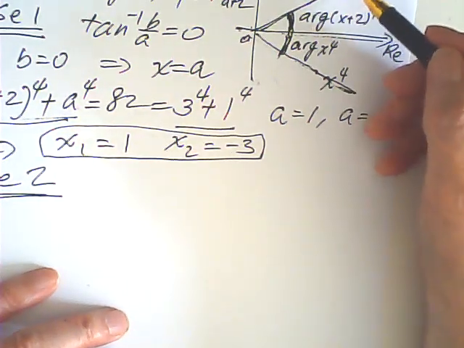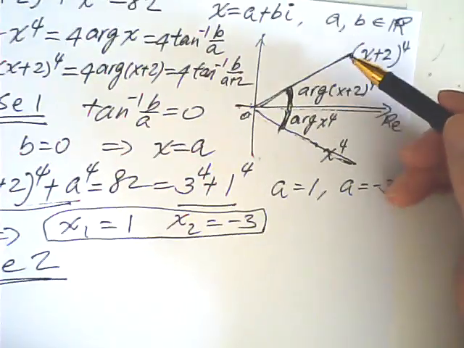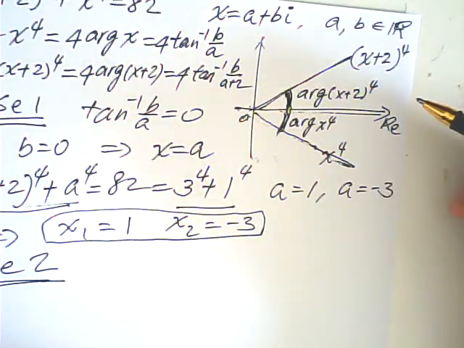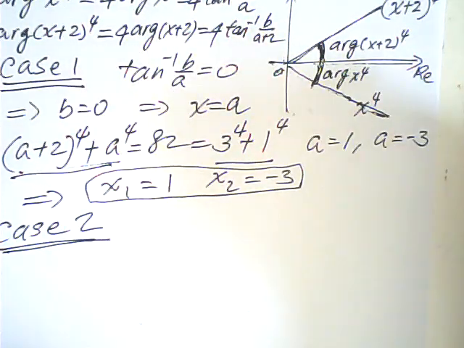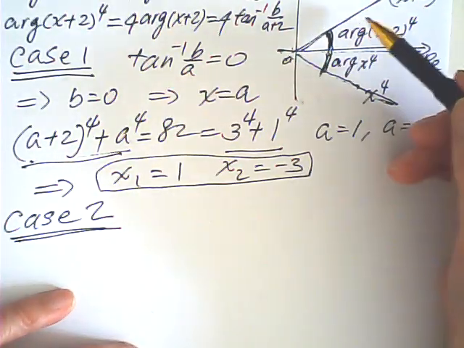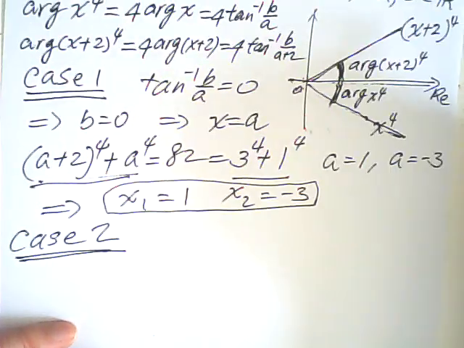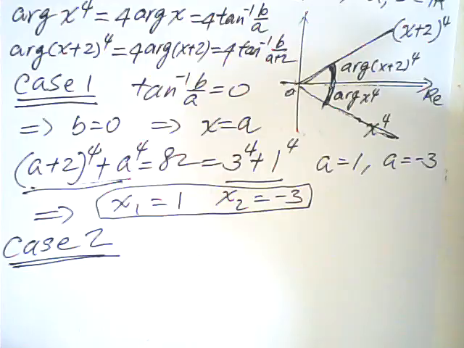Therefore, we end up with the sum of these two having no imaginary part. This is the other possibility, and we can find x based on it.